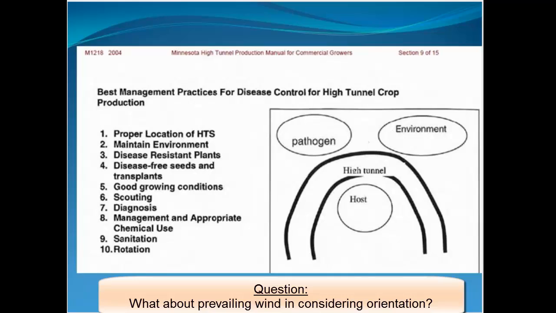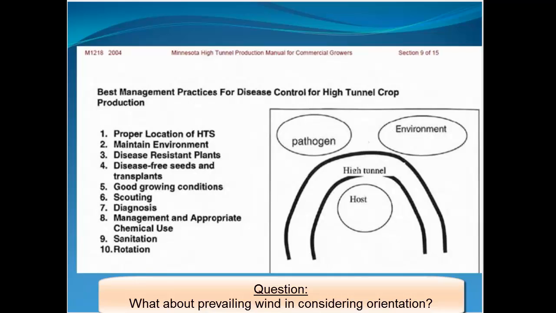What about prevailing wind in considering orientation? Yeah, that's certainly a valid question, and that is certainly something that you need to consider, whether you're using single bay tunnels or gutter connect tunnels, either one.